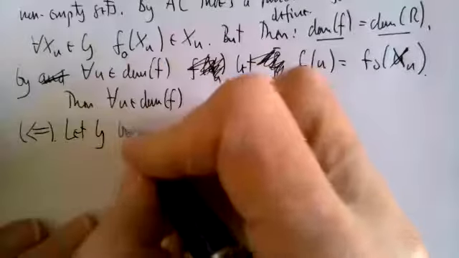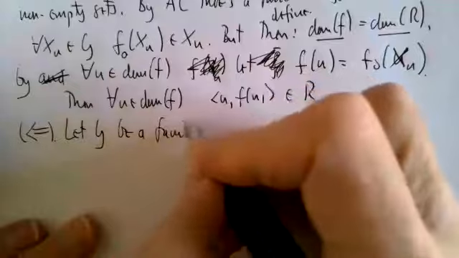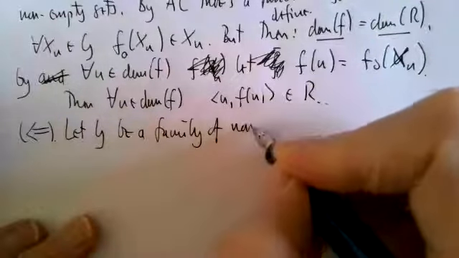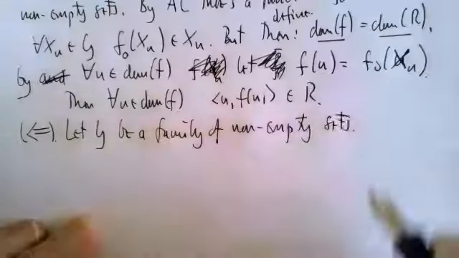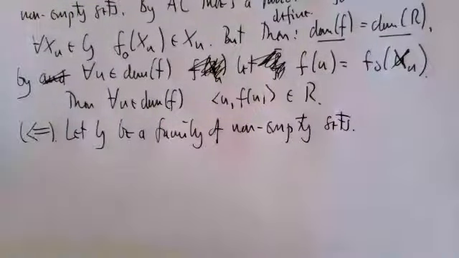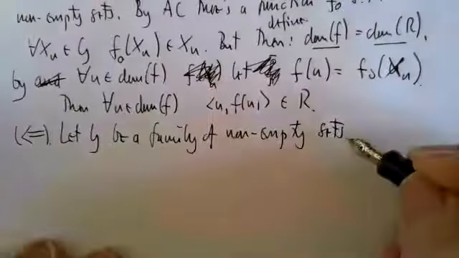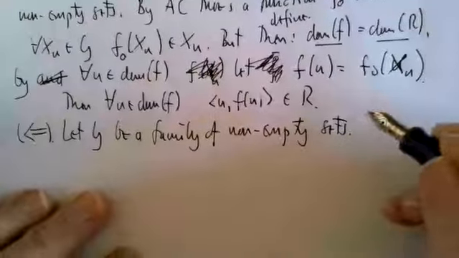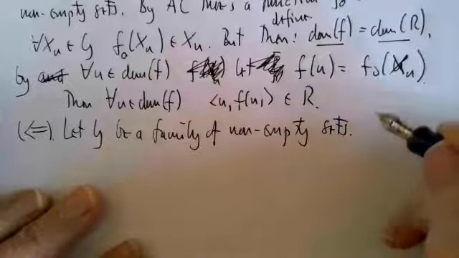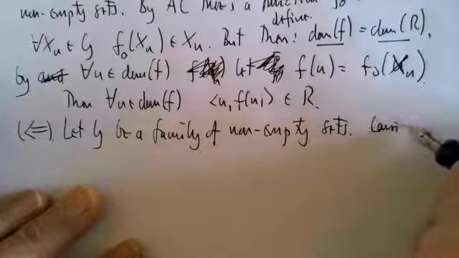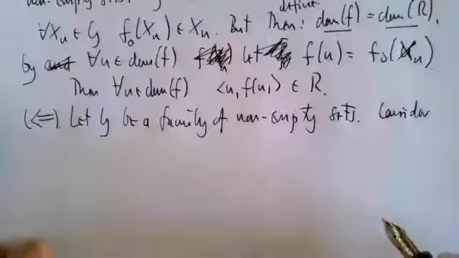So let G be a family of non-empty sets, and we want a choice function for it. So we want a region.